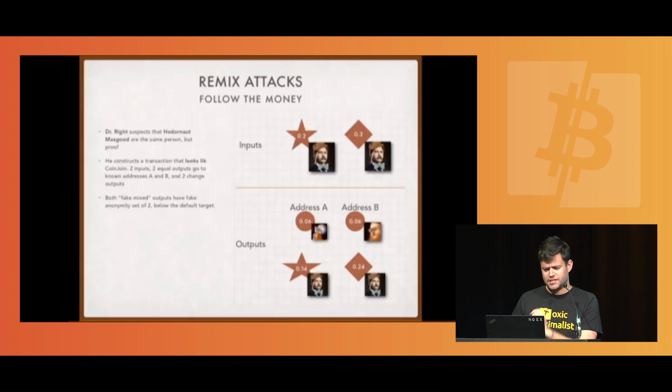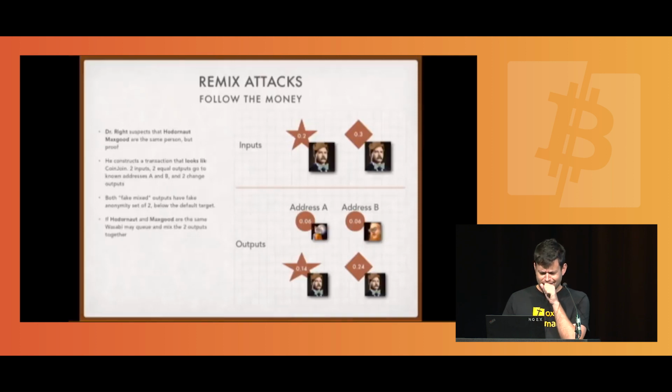So when Wasabi sees this transaction, on both Hodornaut's and Max Good's end, what the client sees is a transaction that seems like a COINJOIN with an anonymity set of 2, because there are only 2 outputs. And it would assume that you would want to remix them and enter them into a future round.